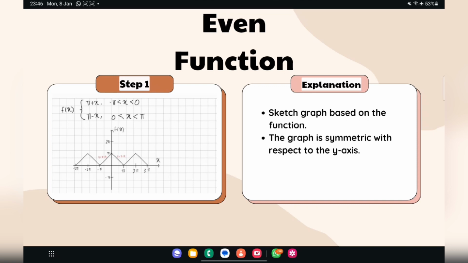Then I sketch the graph of the function. The graph is an even function because the graph is symmetric with respect to the y-axis.